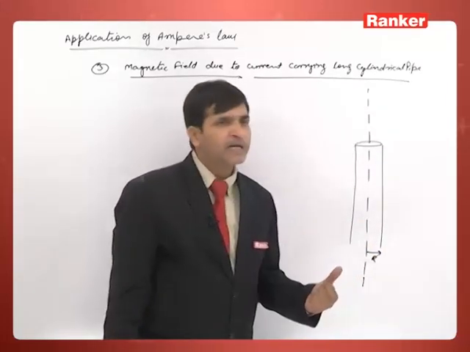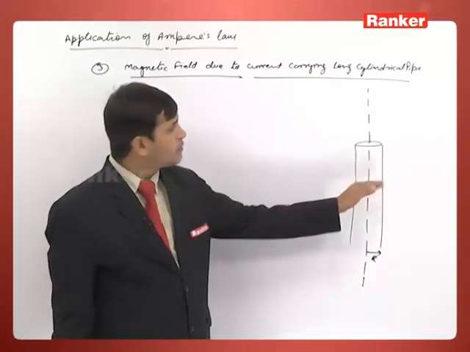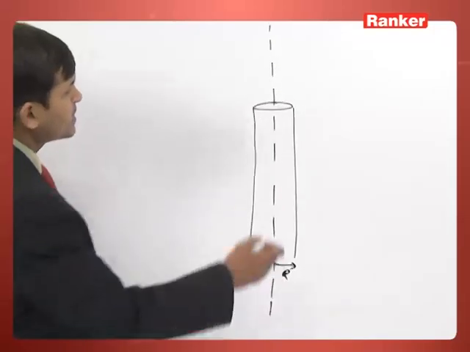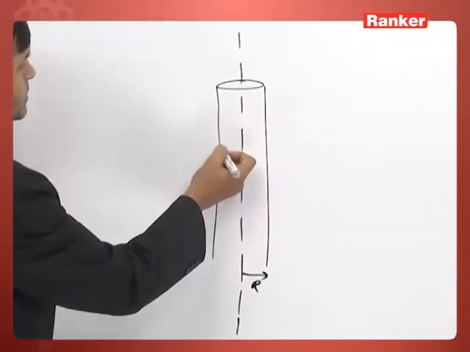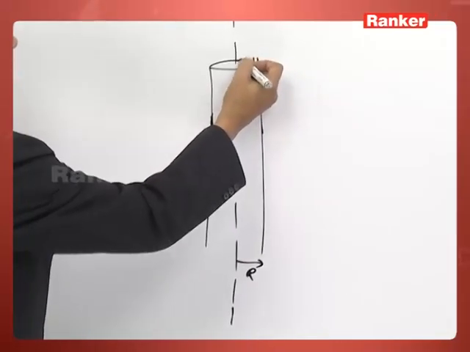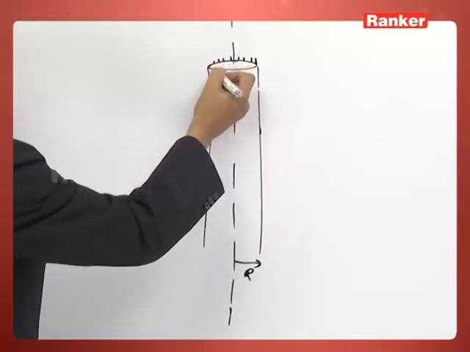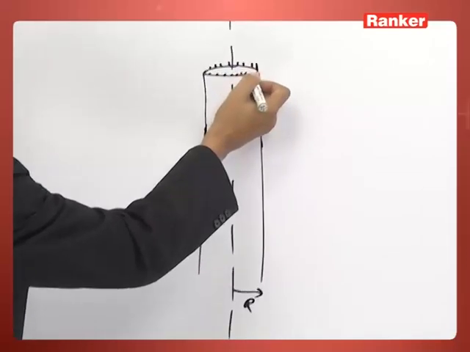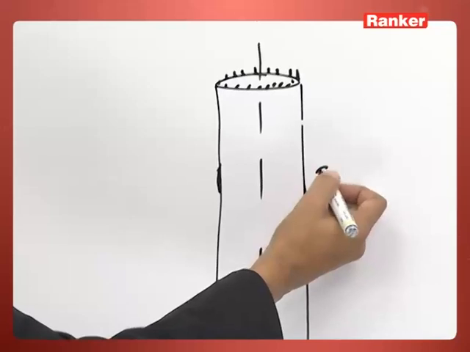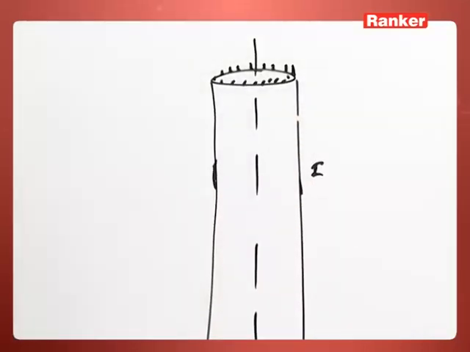But here our pipe is hollow from inside, which means current will be only through the surface part. So I is the current through only the surface part.